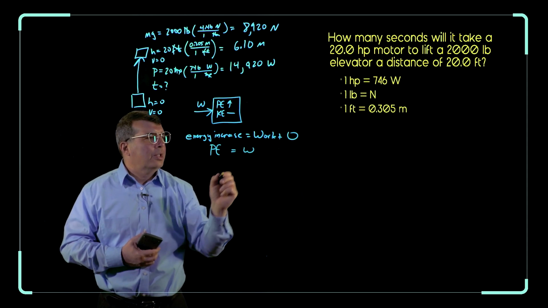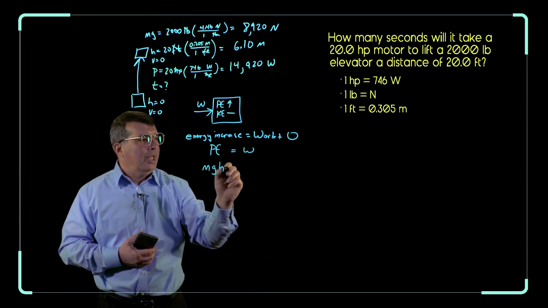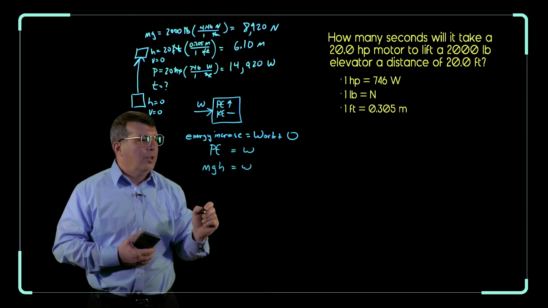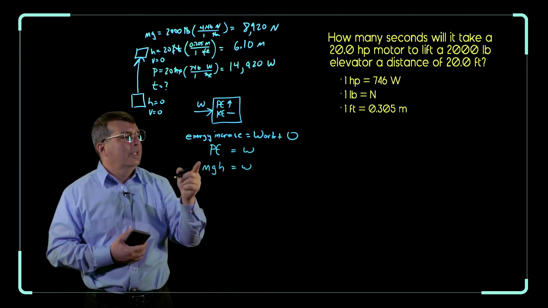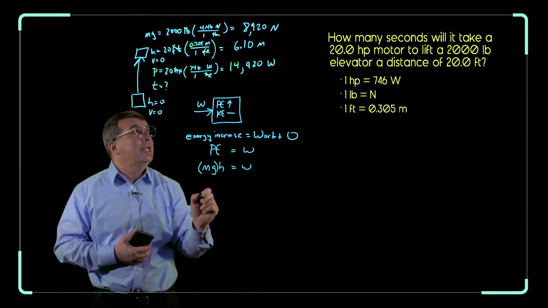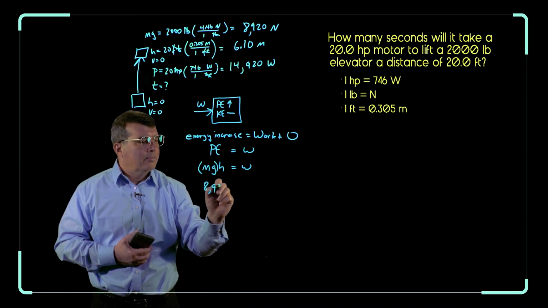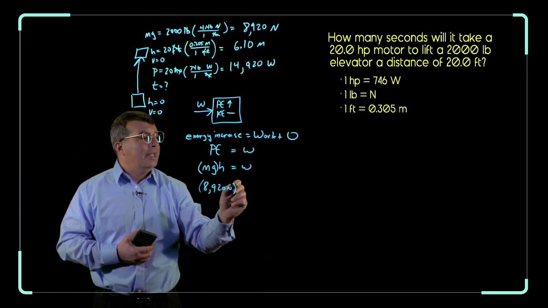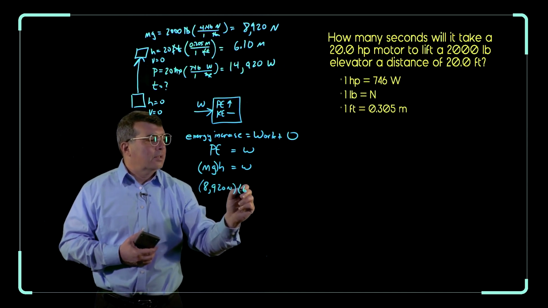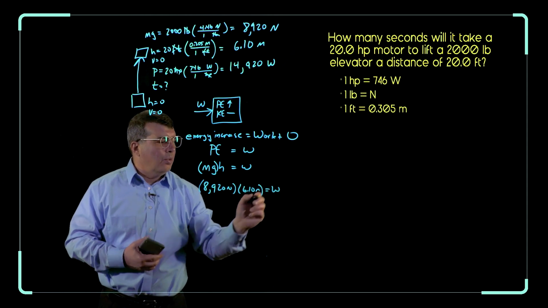Our energy increase is our potential energy. That's equal to the work done. Potential energy is mgh. That's the work done. All right, mg is 8,920 newtons. That's our weight. And the height is 6.10 meters. That's our work.